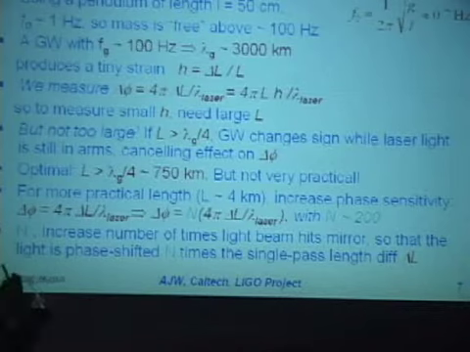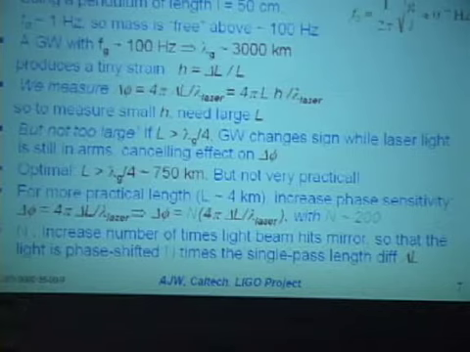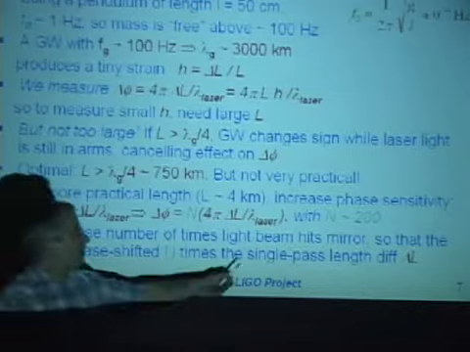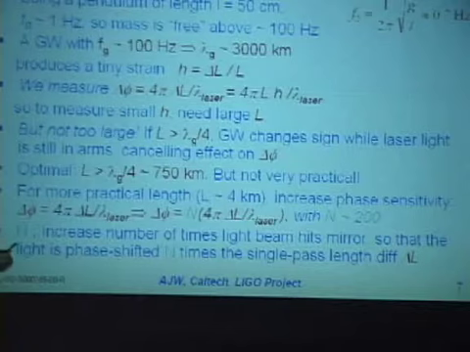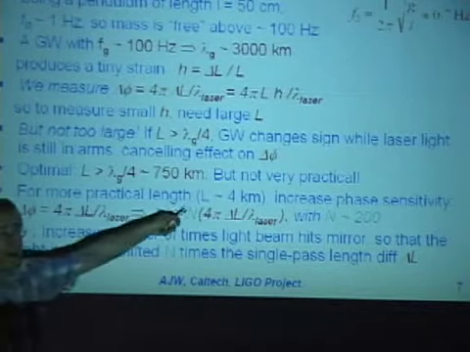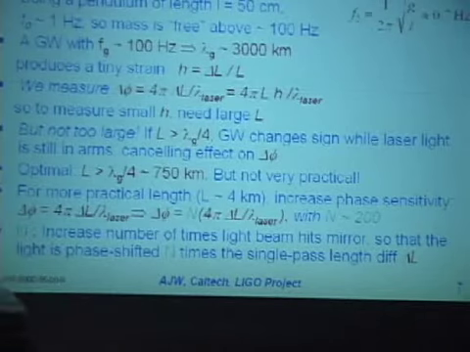In a Fabry-Perot cavity, the number of bounces is a statistical thing, of course. Each photon bounces a random number of times, and on average, you can use the terminology of a bounce number to describe it. So that's the key to increasing our sensitivity for a finite length interferometer in the frequency ranges of interest.